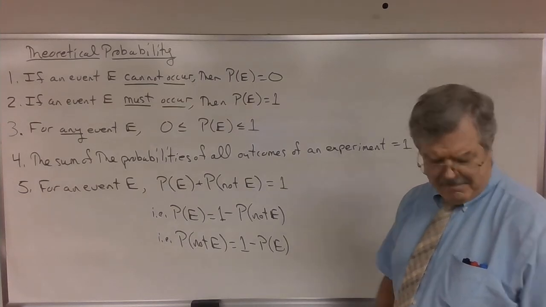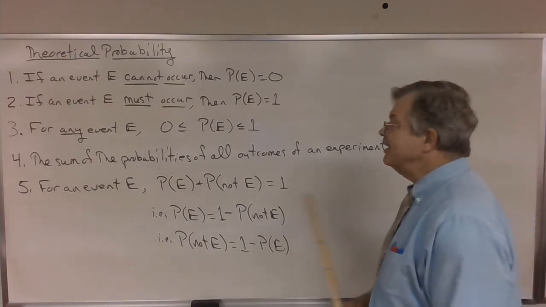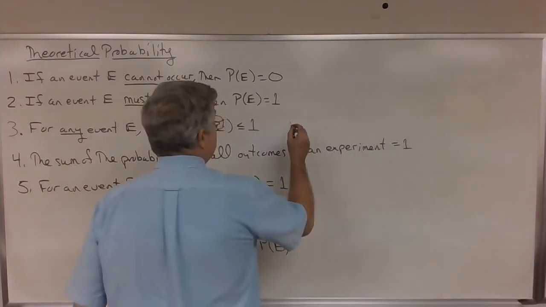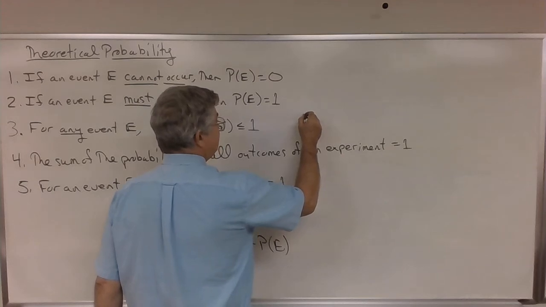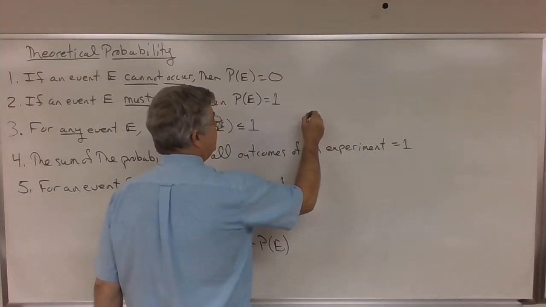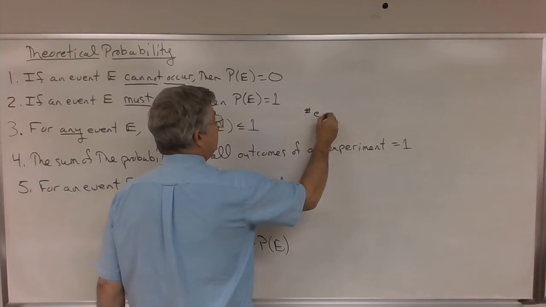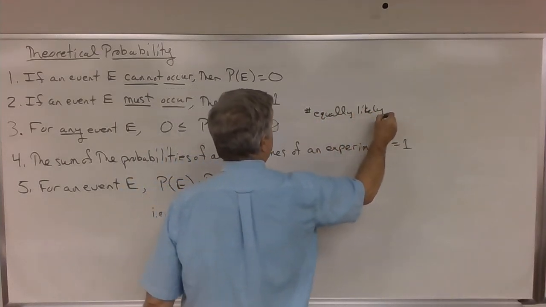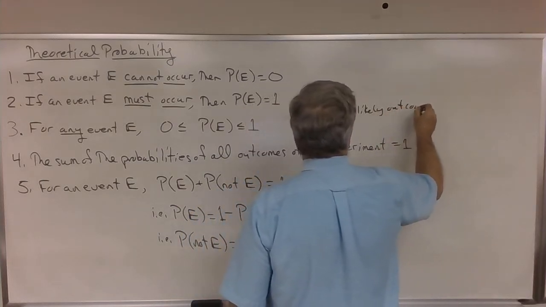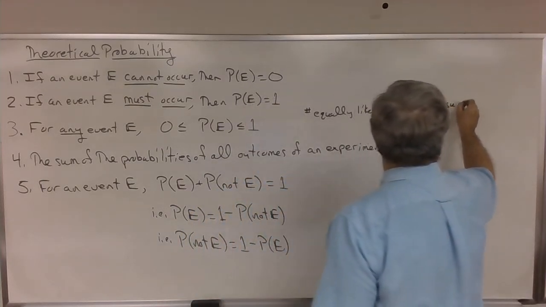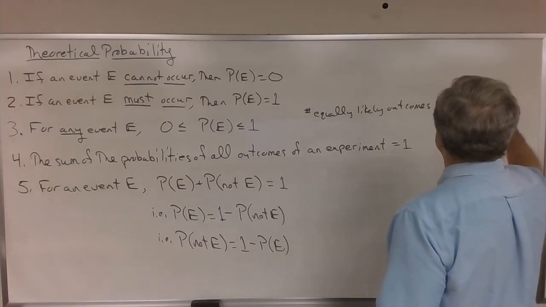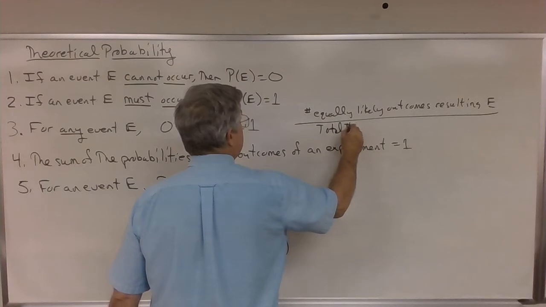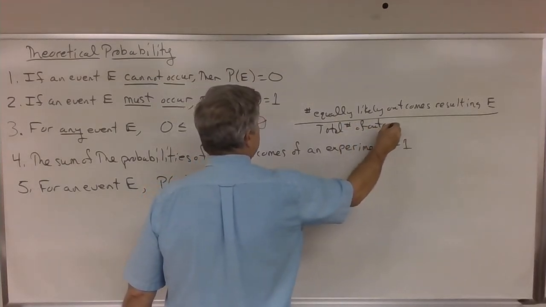And I guess that makes sense because, especially if we're looking at equally likely outcomes, the probability of an event occurring is the number of equally likely outcomes resulting in E over the total number of outcomes.